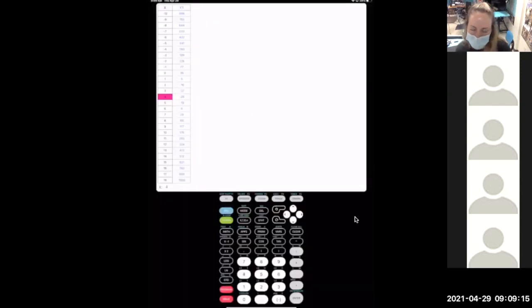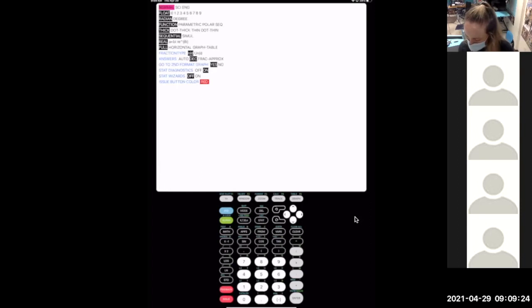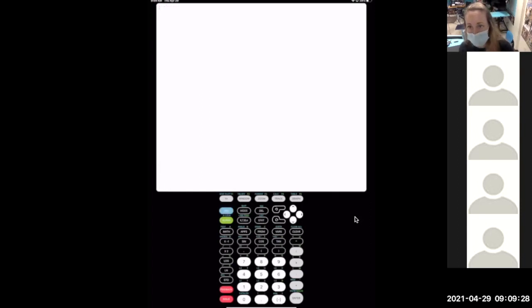All right, so this is where we left off last time. To get out of the table, I'm going to quit out of it. Quit is the button next to the blue button. Oops, sorry, not mode. So we press second and then the button next to second to quit and get out of whatever program you're in.